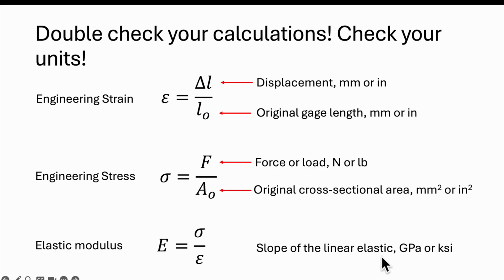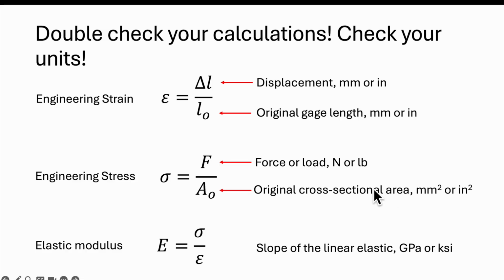Because the units of sigma are, in this case, Pascal or megapascal or gigapascal, then this is going to have the same units because epsilon or strain is unitless. So it's either going to be something like gigapascal or PSI or KSI in imperial units. Those are the calculations we'll want to double and triple check.